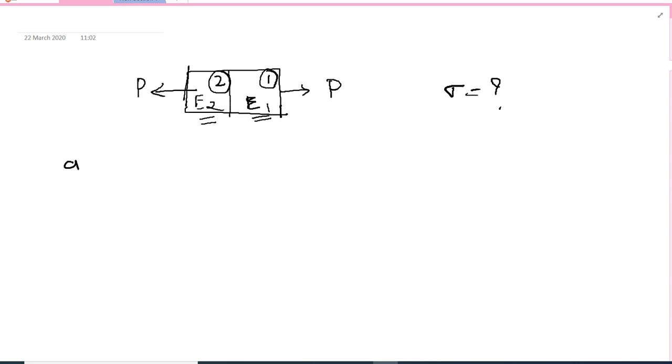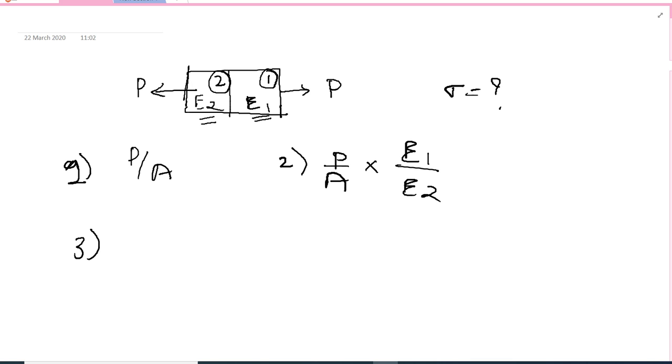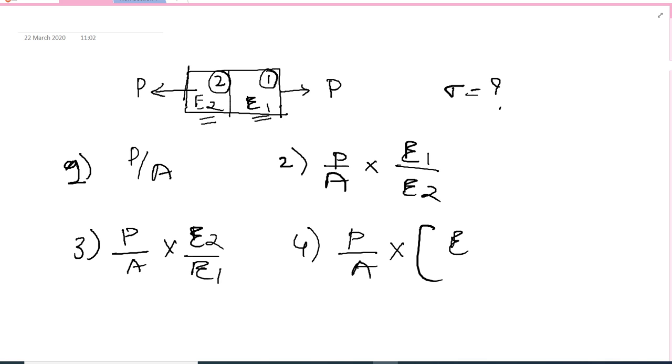I'll give you options. First option is P by A, second option is P by A into E1 upon E2, third option is P by A into E2 by E1, and fourth option is P by A into E1 minus E2 divided by E1 plus E2.